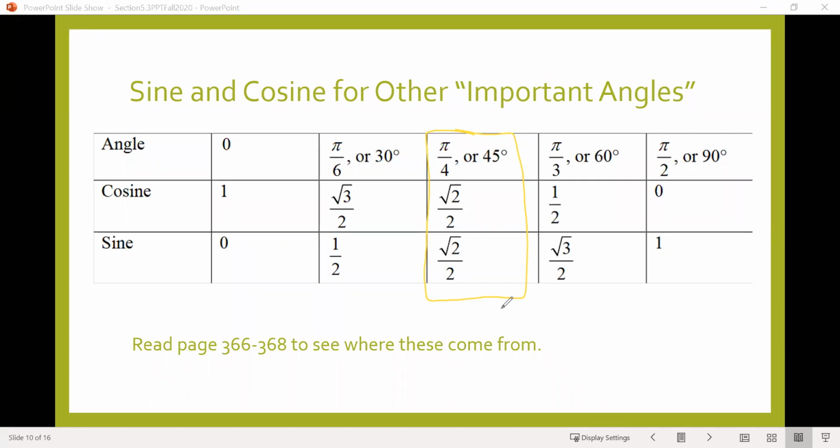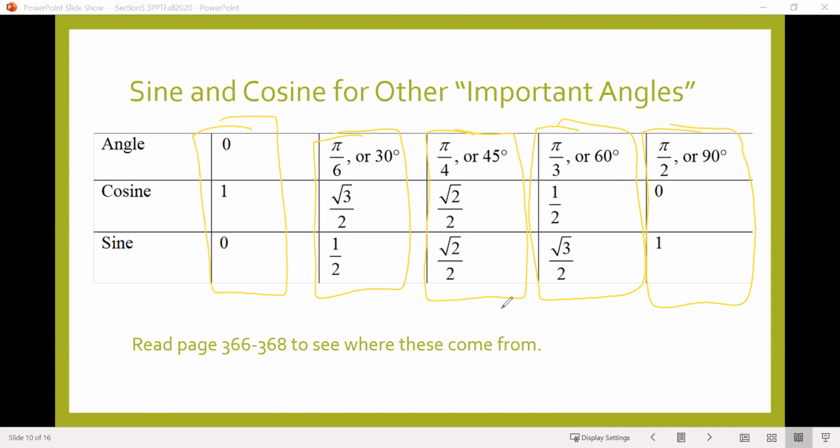We also need to know the cosine and sine for 30 degrees, which is pi over 6 radians, and 60 degrees, which is pi over 3 radians. We did pi over 2 in our first video for 90 degrees, the sine and cosine. Also for 0, and that's the same in degrees or radians.